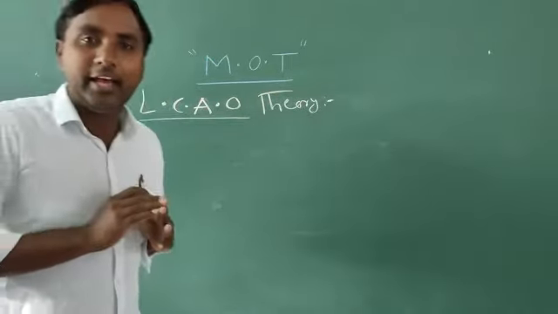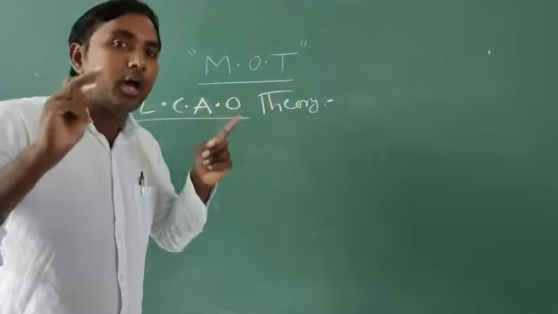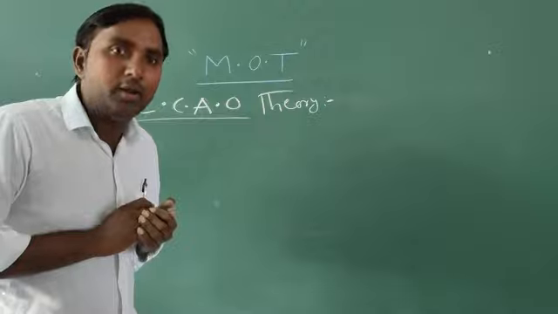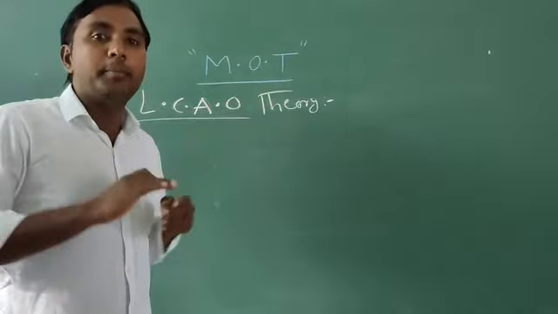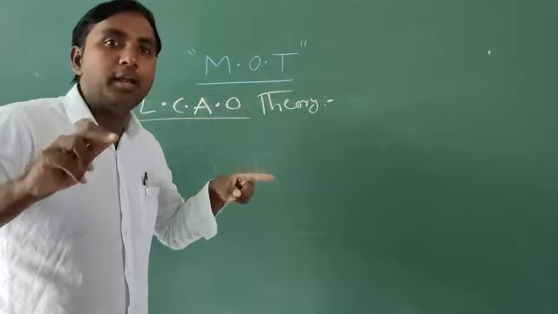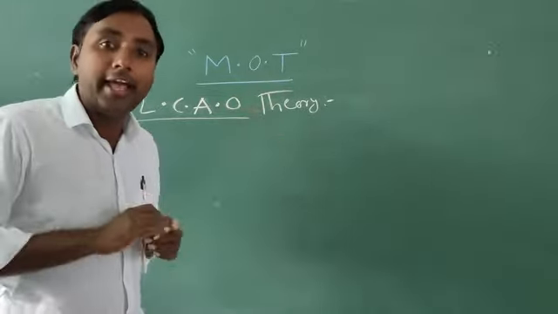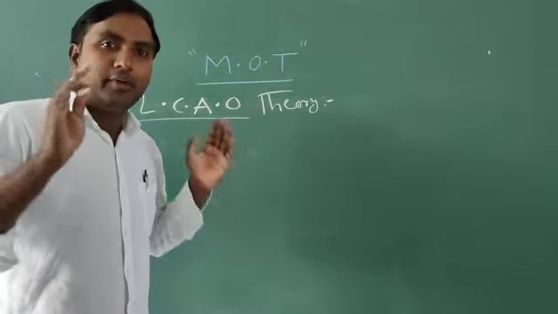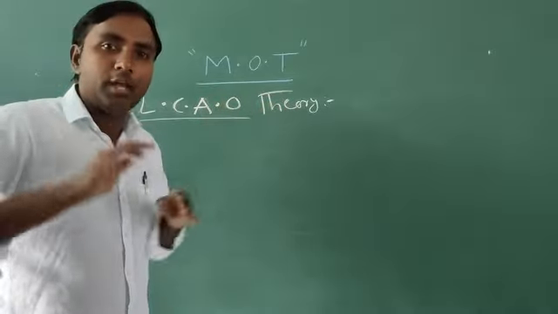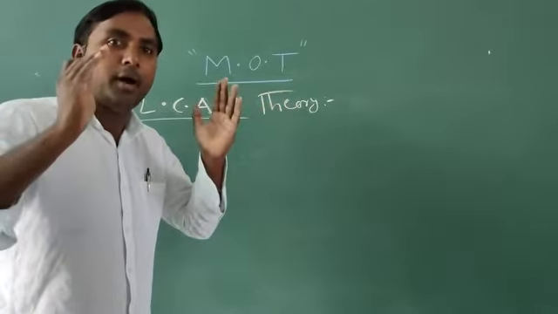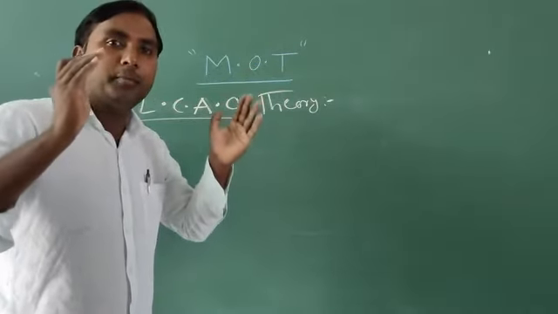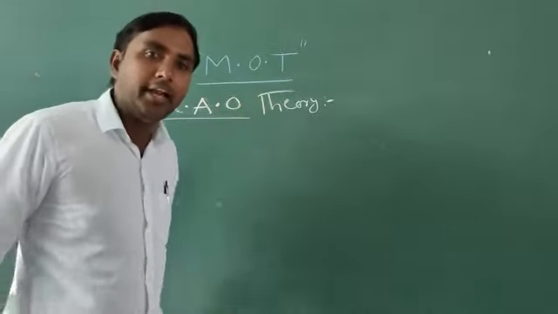According to this theory, whenever atomic orbitals combine to form molecular orbitals, half of the molecular orbitals have lower energy and half of the molecular orbitals have higher energy. Understand?